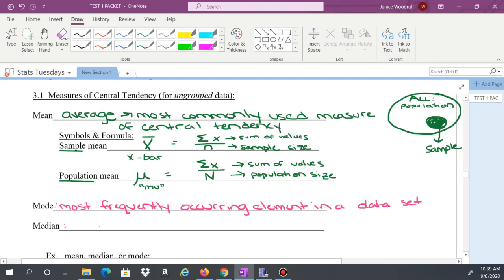Middle, yeah, the middle number. So it's the middle term in a ranked data set is going to be your definition there. So we put the numbers in order, take the one in the middle. If there's an even number, what do we do with the two numbers in the middle? Yes, average them.